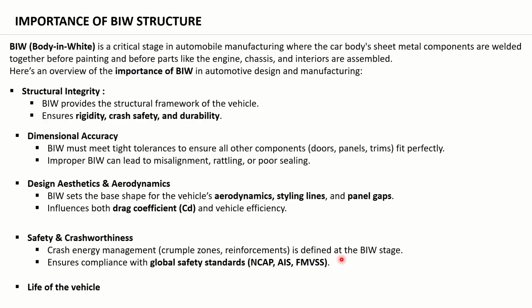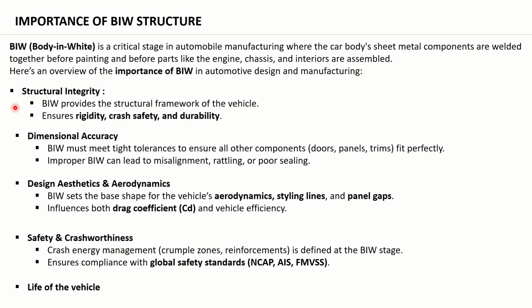The BIW is a critical stage in automobile manufacturing where the car body sheet metal components are welded together before painting and also before parts fitment like engine, chassis and interior assembly. Here's an overview and importance of the BIW in automobile manufacturing. BIW provides structural integrity.